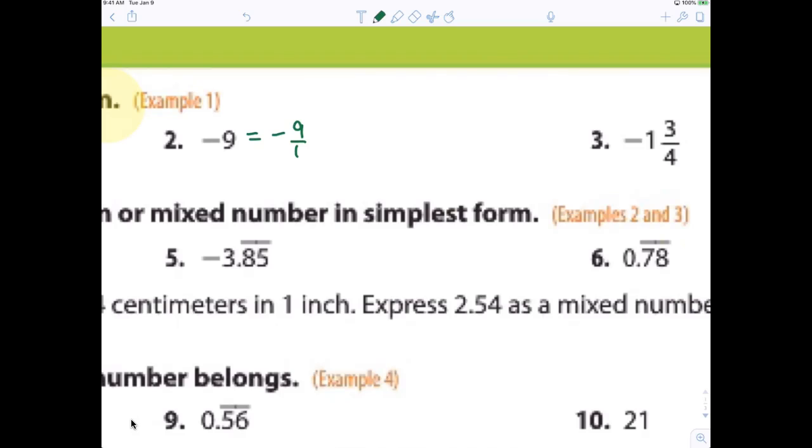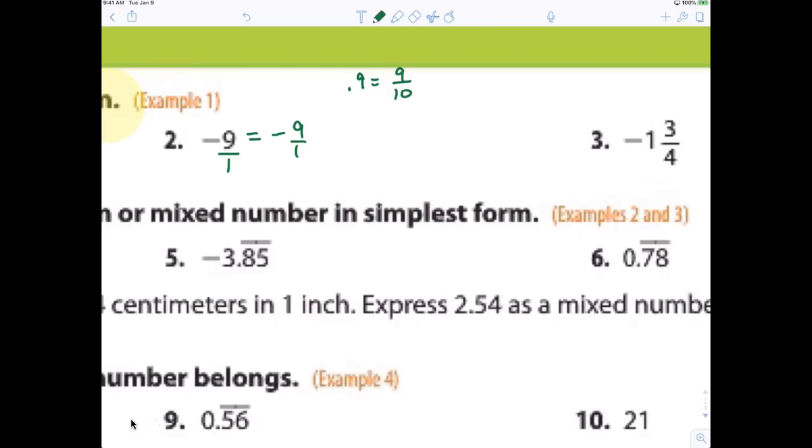If I said to you 0.9, what's that? That's 9 over 10. Exactly. This is just the whole number 9. Whole numbers can be written as a fraction if you just put it over 1, because that's just 9 divided by 1. Good question. Thank you.